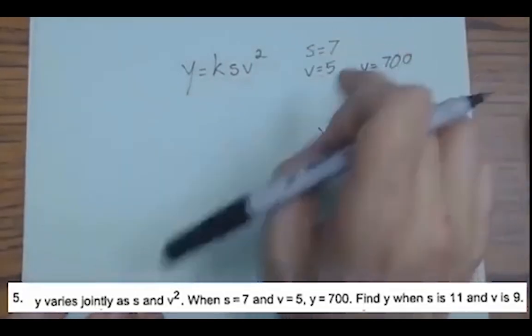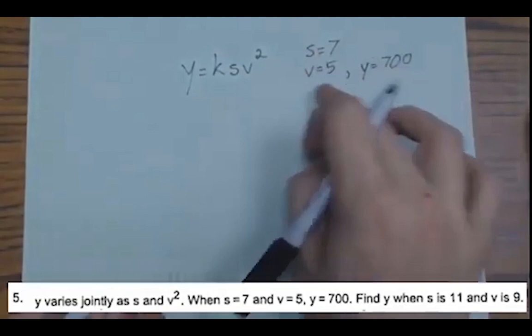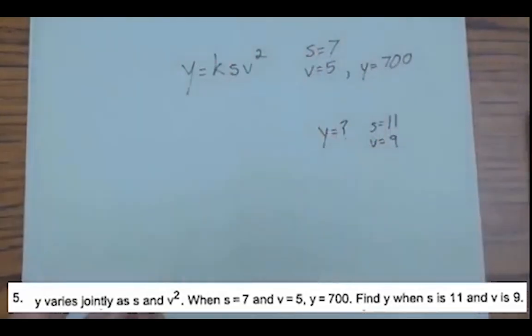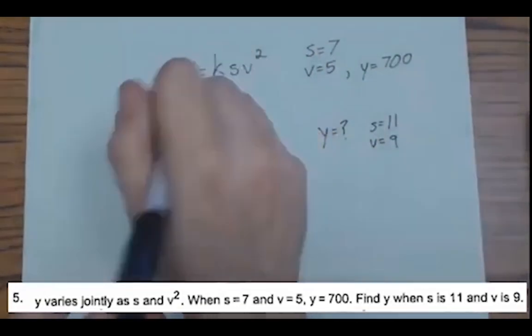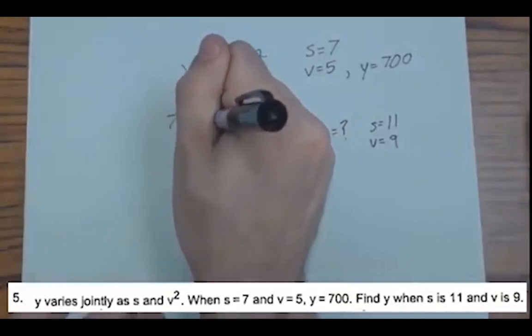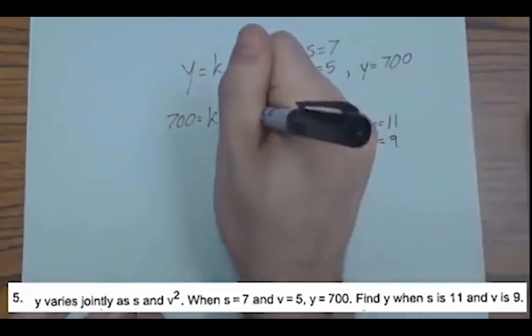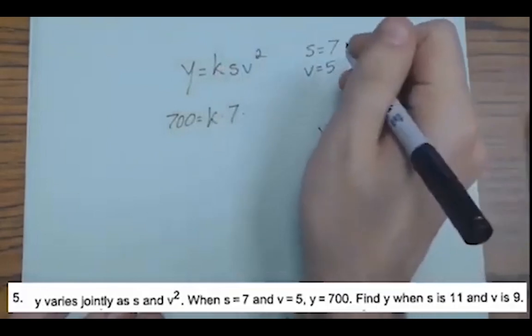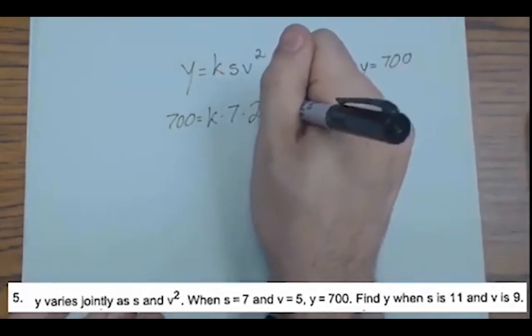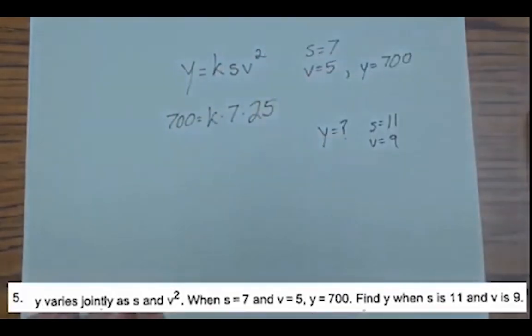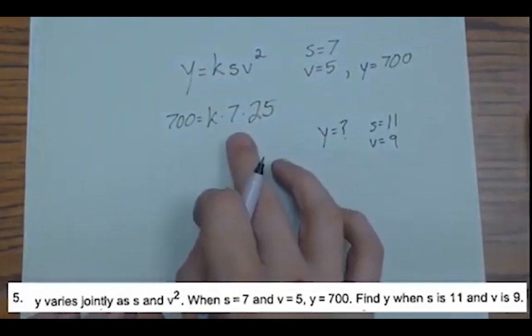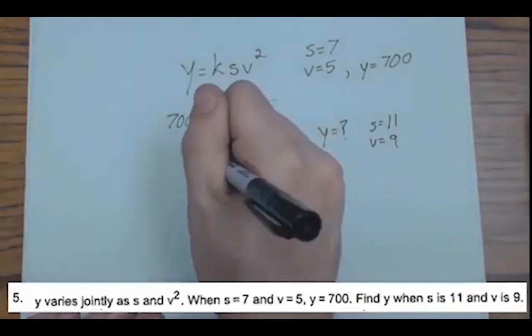First, we use all 3 data values they give us to plug in and solve for k. So y is 700, k is unknown, s is 7, v is 5, so v squared is 25. 7 times 25 is 175.